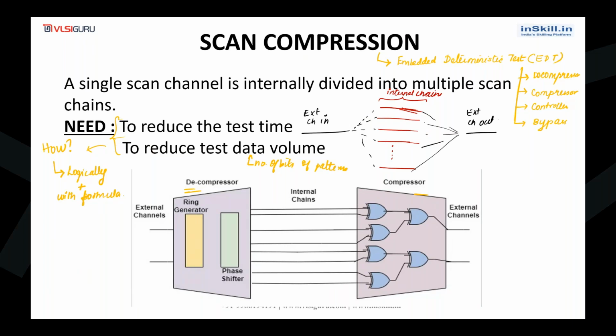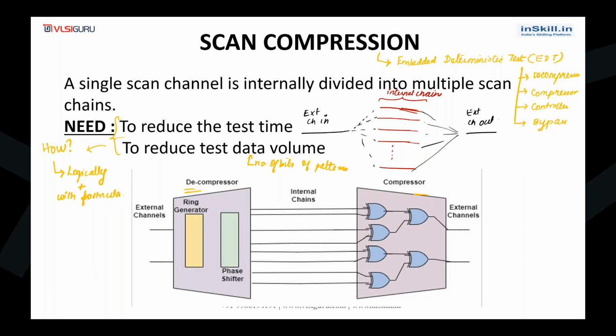So in order to achieve scan compression, if you are using Mentor Graphics tools, you will be adding a logic called EDT, embedded deterministic test. There are four components inside the EDT logic: decompressor, compressor or compactor logic, controller, and then bypass. We will understand the structure and functionality of each of these components when we do the regular course.